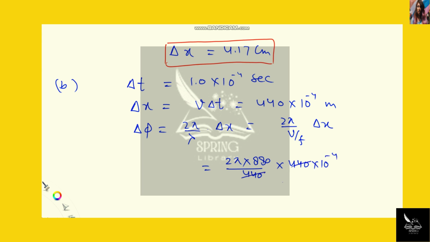So cancelling this 440, this phase difference comes out to be equal to 0.176 pi radian. Answer for the second part of this given problem here.